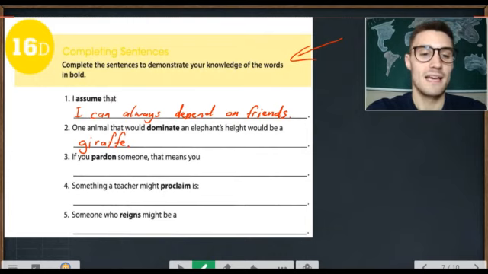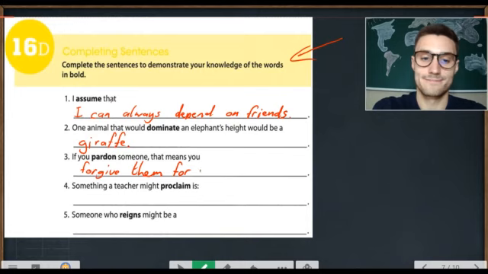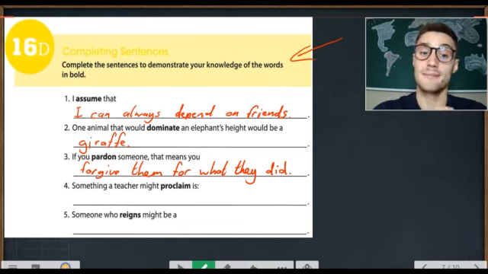Number 3. If you pardon someone, that means you forgive them for what they did.